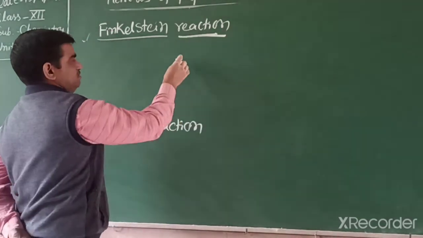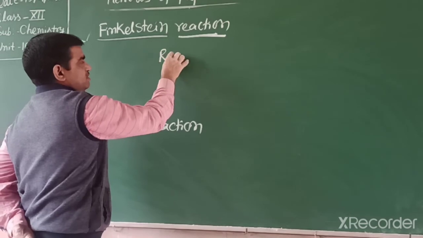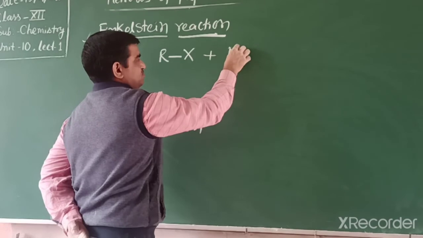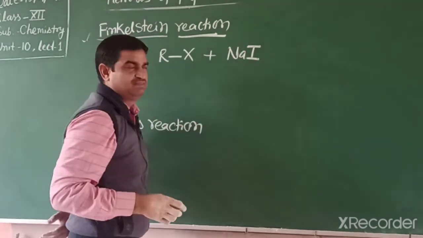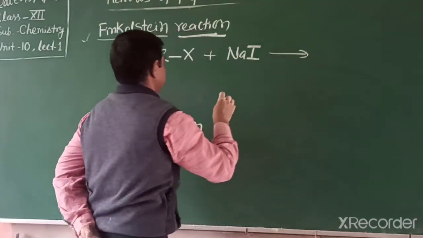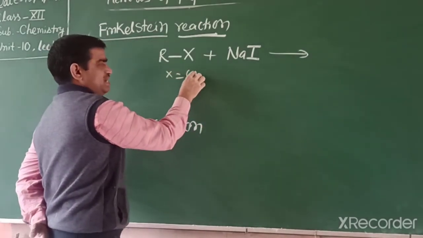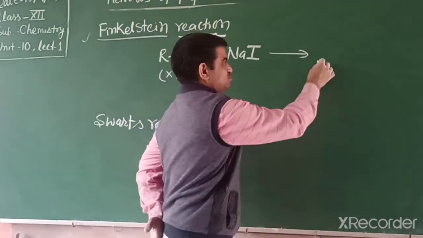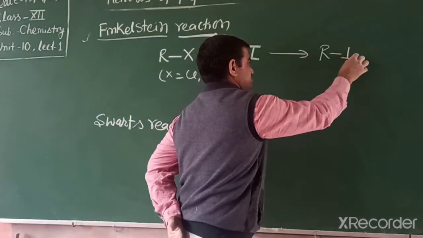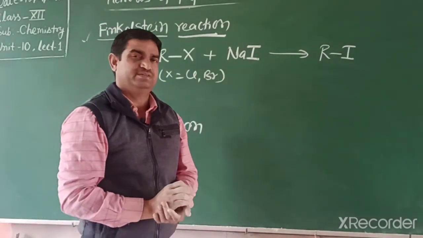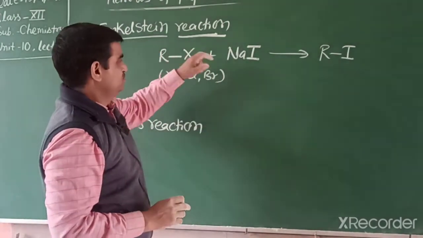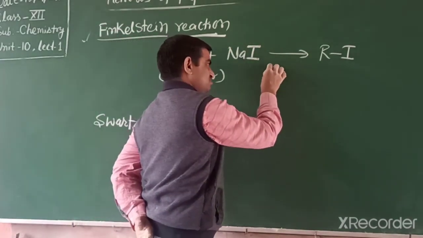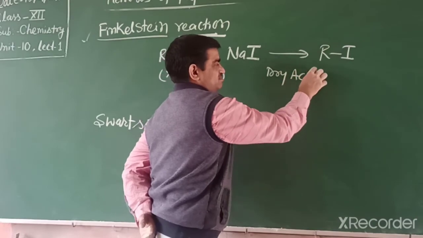In this reaction, we take an alkyl halide and sodium iodide. The halogen, either chloride or bromide, is converted into alkyl iodide. For preparation of alkyl iodide, we use sodium iodide as a reagent in presence of dry acetone.